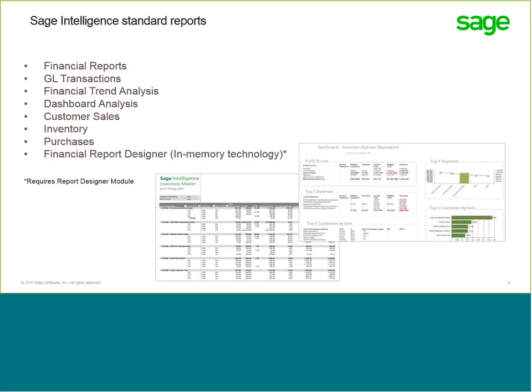Typically, generally, the standard reports are going to include, of course, financials, your GL transactions, your financial trend analysis. However, we also include those that are not financial reports. So they might include financial information, but it's dashboard analysis, your customer sales report, your inventory report, and purchasing report.